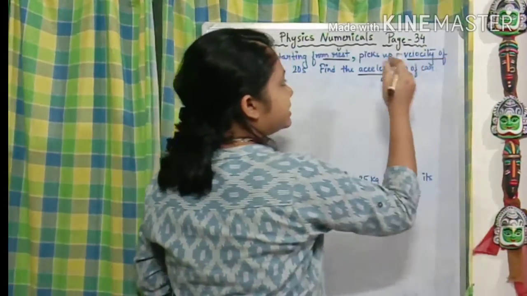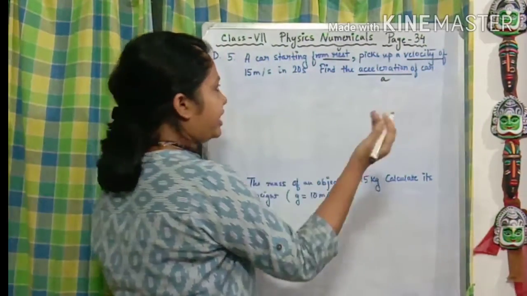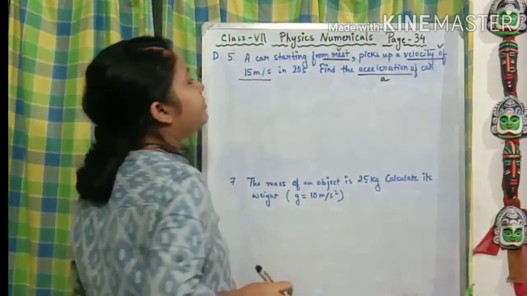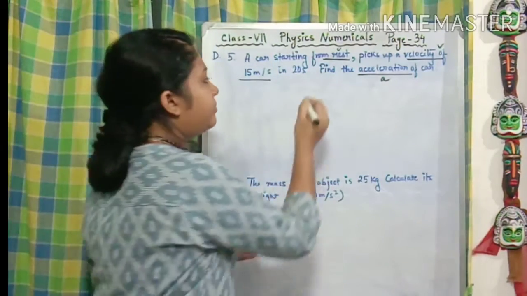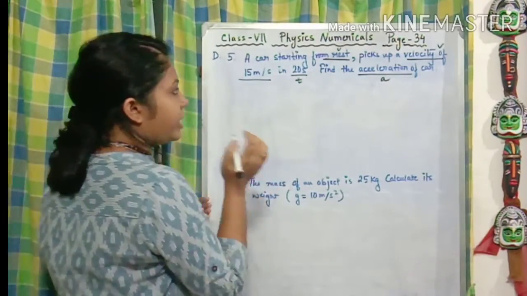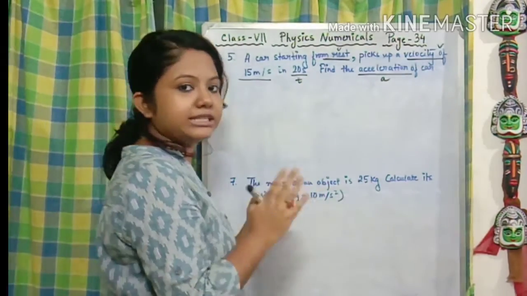Final velocity, that is the velocity the car has reached, that is small v, equals 15 meter per second. In what time? Time t, 20 seconds.